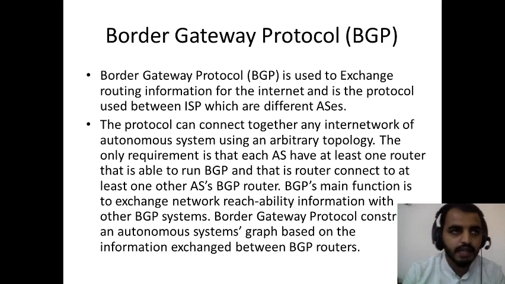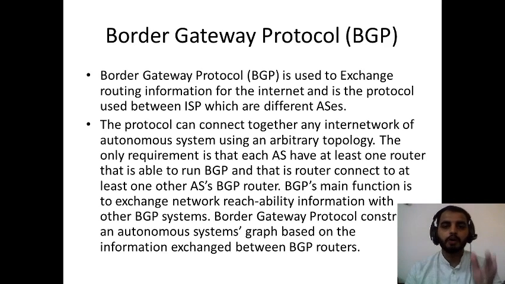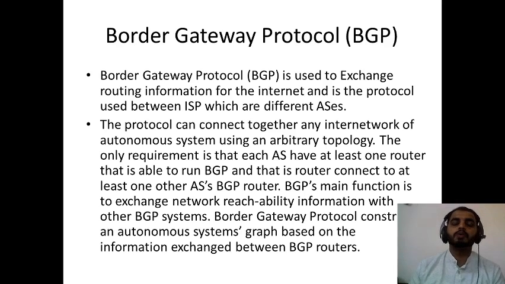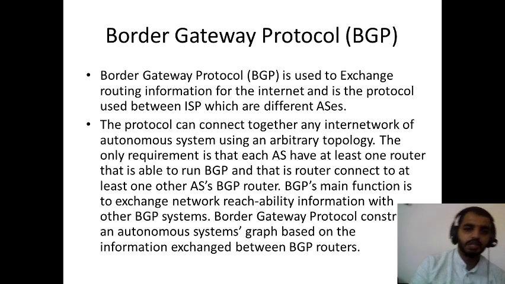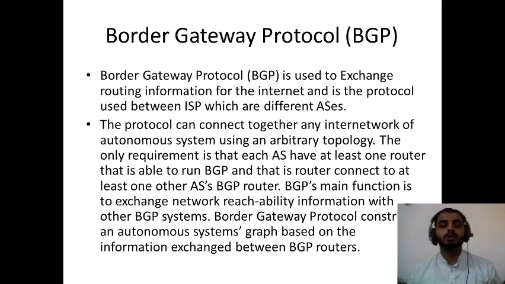If you want to communicate from your network to another autonomous system or autonomous network, then Border Gateway Protocol is used so that your packet of information can be transferred to that particular autonomous network.